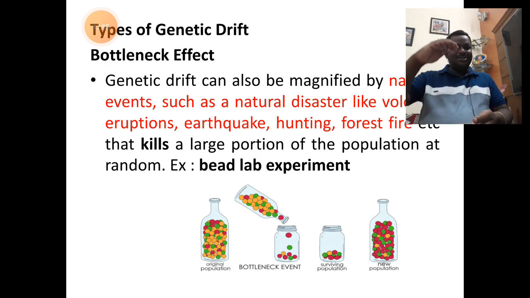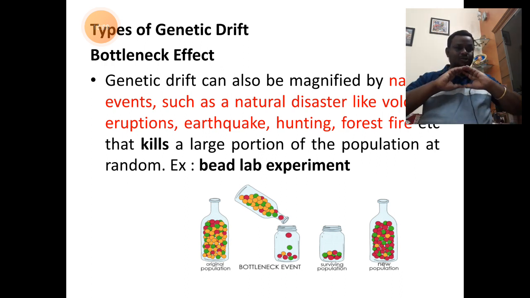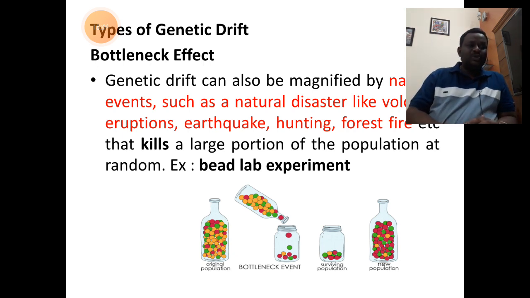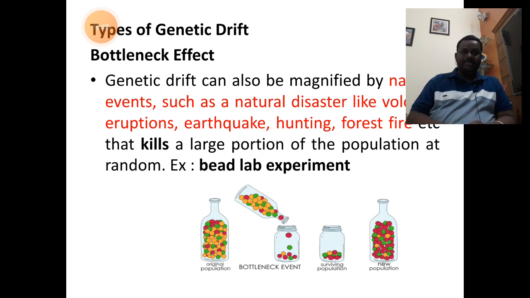So you have the bottle totally filled with the population. Students, in the bottle we find three colors of balls, indicating three different types of alleles. One is red, second one is yellow, third one is green. So towards the left side.